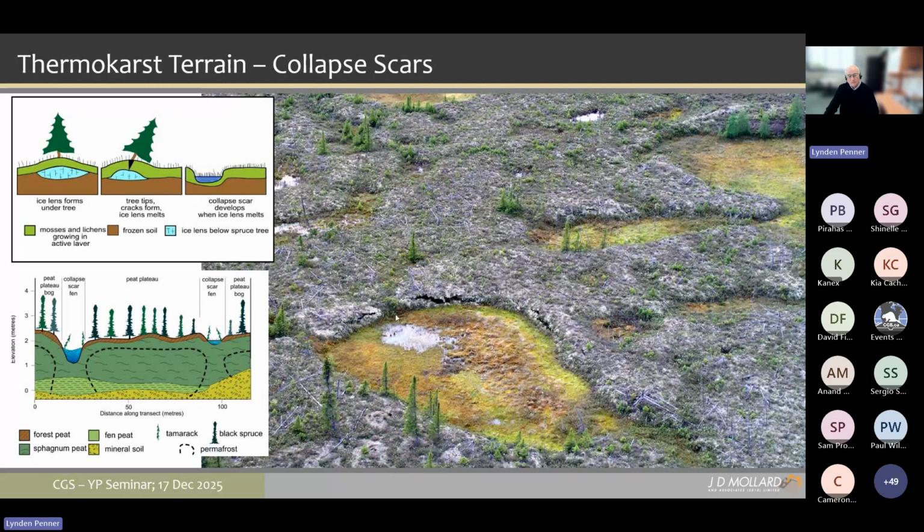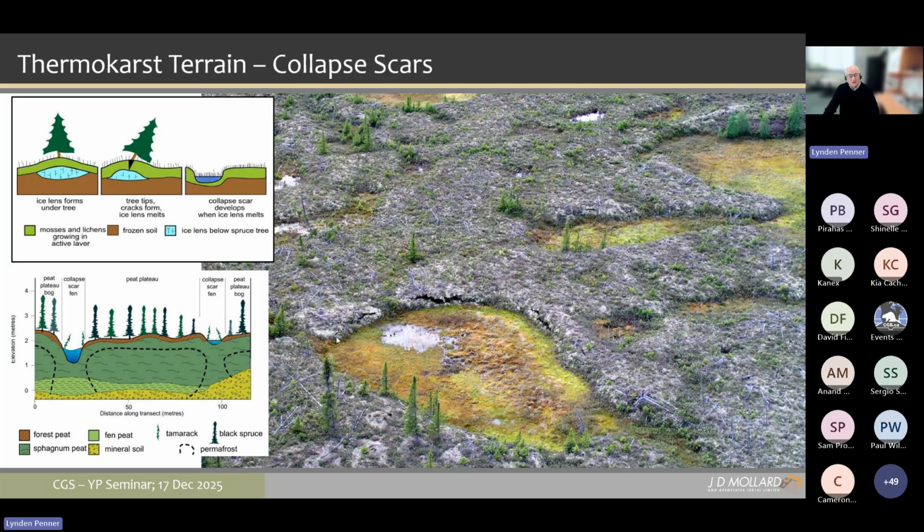As the ice melts, you get subsidence, and around the perimeter that subsidence shows up as cracking and collapsing of the peat into the collapse scar.